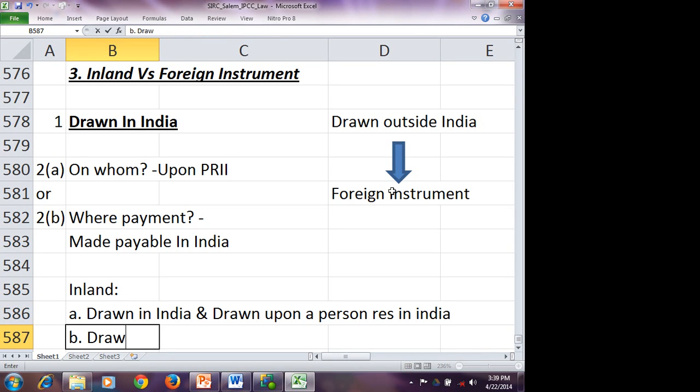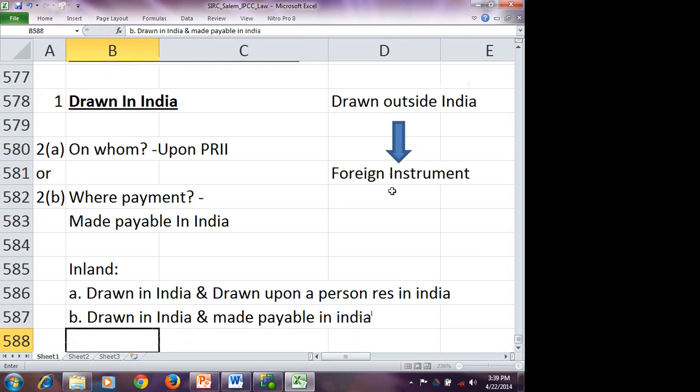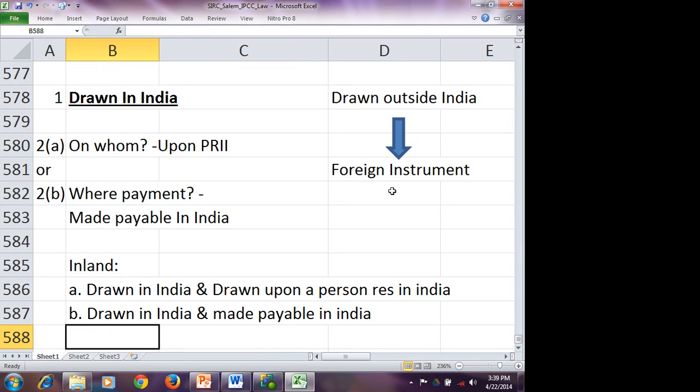Rule 2, the instrument can become inland if it is drawn in India and made payable in India, even though it could be drawn upon a person resident outside India, but made payable in India. But if it is drawn in India, neither made payable in India, nor drawn upon a person resident in India, it straight away becomes a foreign instrument.